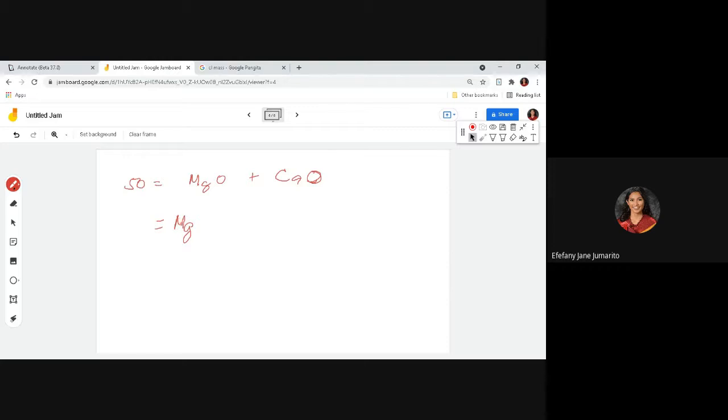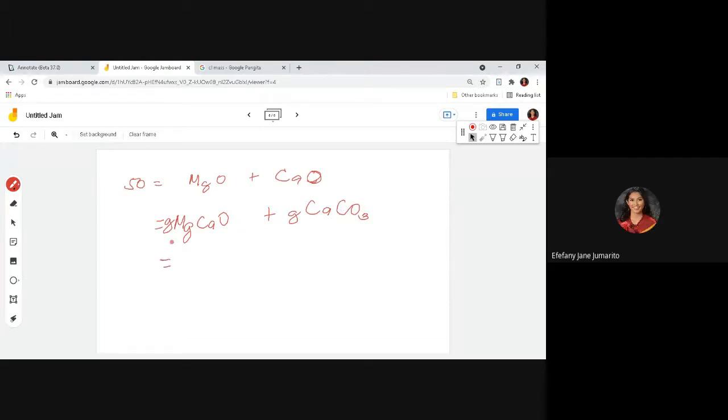What's the mass of your magnesium carbonate? So grams. And then also the calcium carbonate asa gikan. Sa calcium oxide, sorry, calcium oxide, ma'am? Yes. Sa calcium carbonate, ma'am. All right. Now we can use that one.